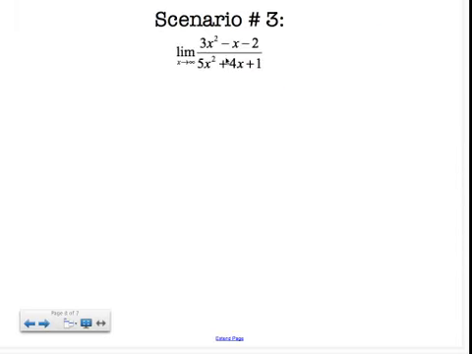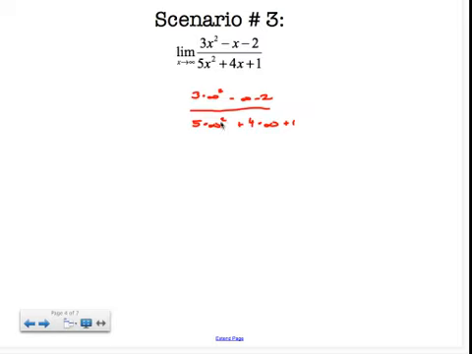Look what happens. If I do a mental plug-in, I'm going to get 3 times infinity squared minus infinity minus 2, divided by 5 times infinity squared plus 4 times infinity plus 1. A lot going on here, but if you remember some facts from pre-cal, you know that when you square numbers, they dominate any other numbers that pop up in the expression.